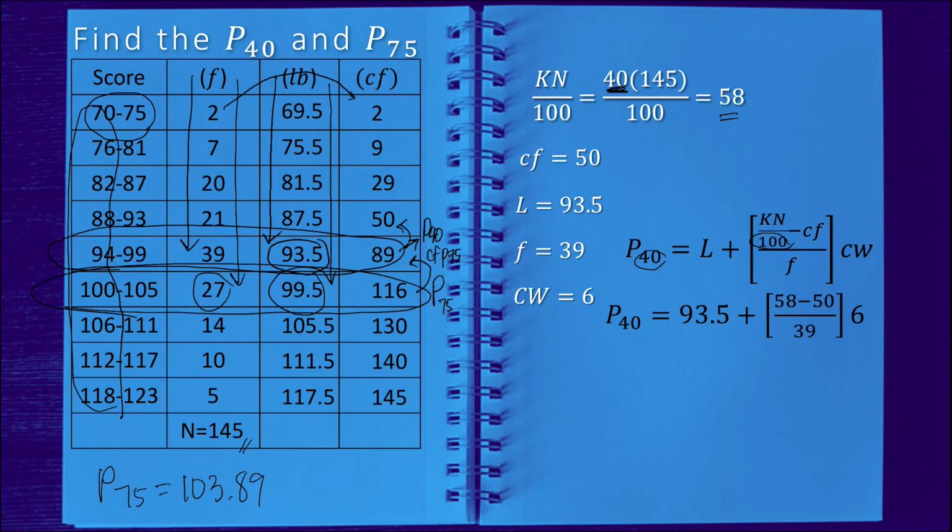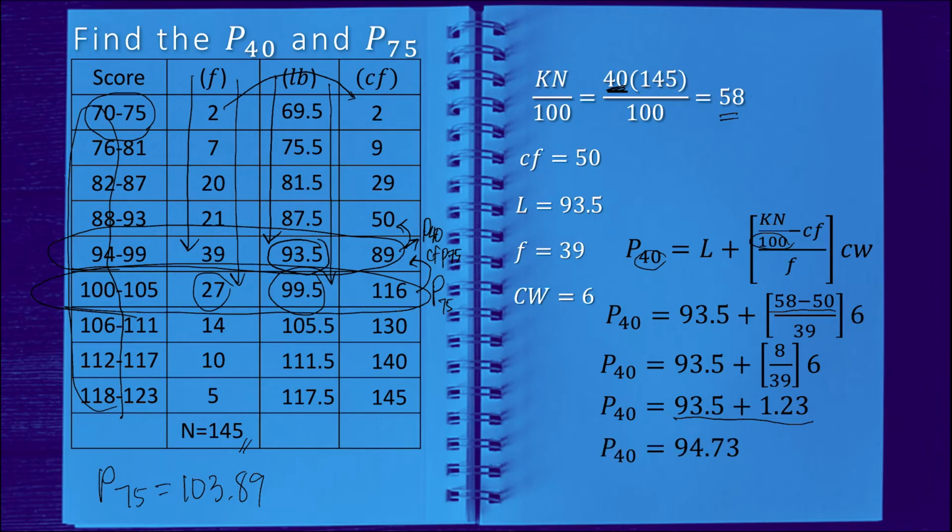After niyan, minus muna natin yung nasa numerator. That's 58 minus 50, that is 8. 8 divided by 39 times 6 is 1.23. Then, add lang natin itong dalawa. 93.5 plus 1.23, that is 94.73. The final answer is 94.73.